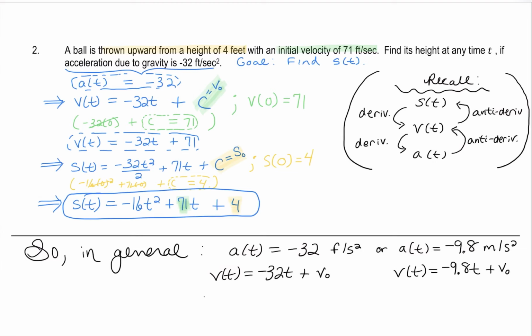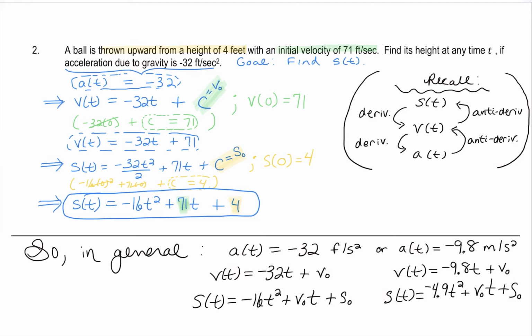And then your position function, s of t, is going to be negative 16t squared plus that v sub 0 times t plus whatever your initial position is. Or, again here, the negative 9.8t squared divided by 2 would be negative 4.9t squared plus v sub 0 t plus s sub 0.